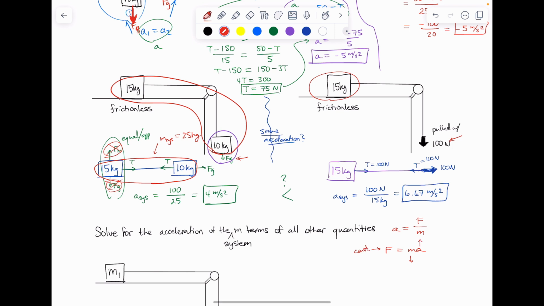So essentially in the first case, there's simply more mass for the same amount of force, and so the acceleration decreases. That's the intuition behind it.